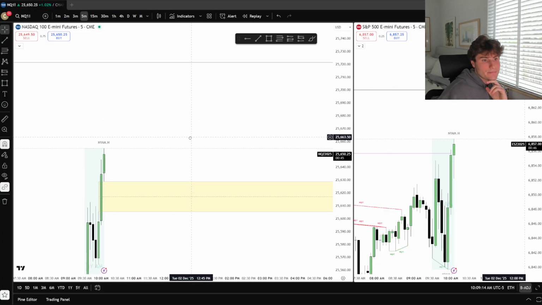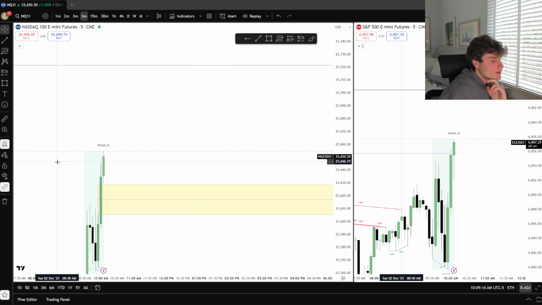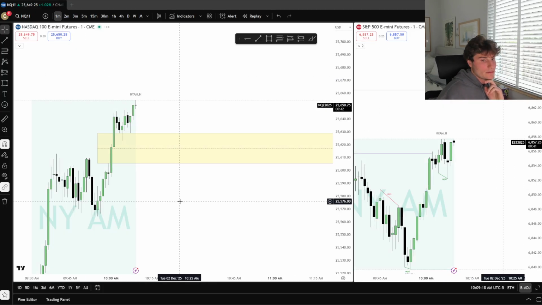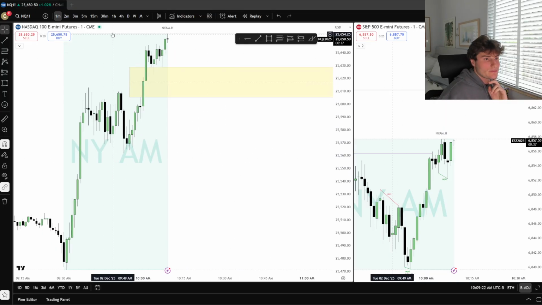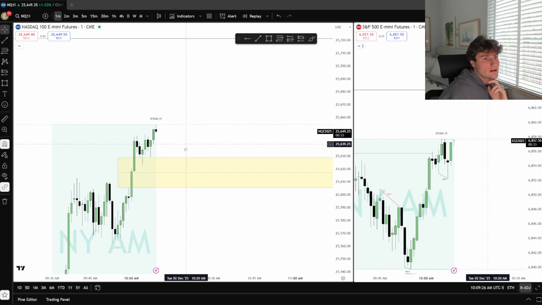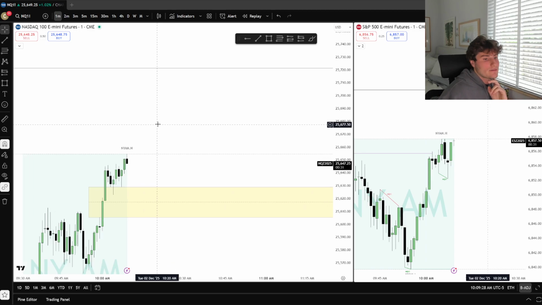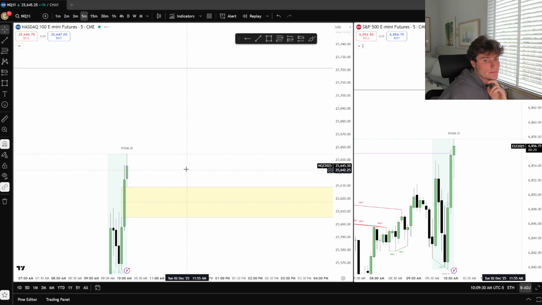Take an entry out of that. Oh, why didn't I take the M1 fair value gap long? It was beautiful, but that 4-hour wasn't inversed yet, so I didn't want to long. I didn't want to long until that 4-hour was 100% inversed.